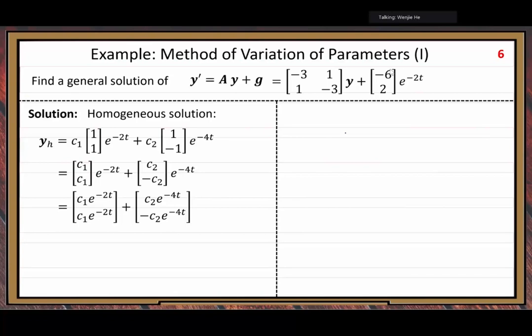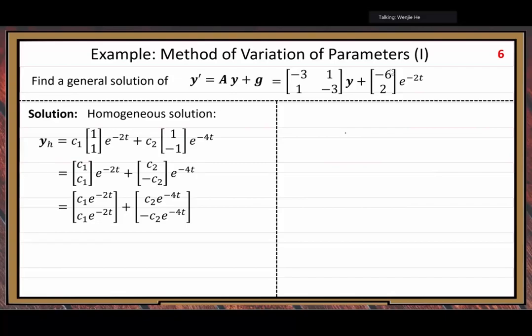So here, our homogeneous coefficient part is constant coefficient, right? That's why. Then we need to get the general solution for the homogeneous part, yh, where your coefficient is constant.